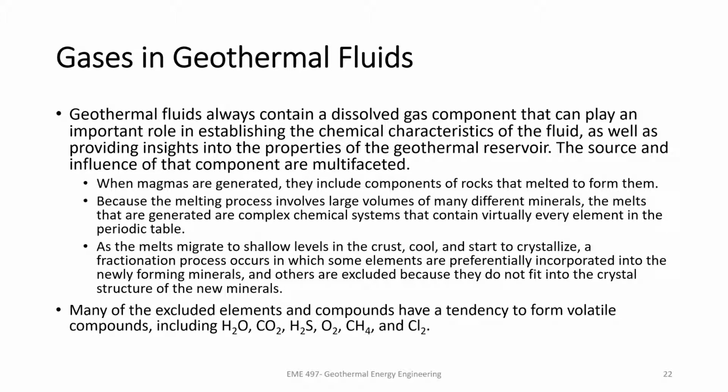As the melts migrate to shallow levels in the crust, and they cool and start to crystallize, a fractionation process occurs in which some elements are preferentially incorporated into the newly forming minerals, and others are excluded because they do not fit into the crystal structure of the new minerals.